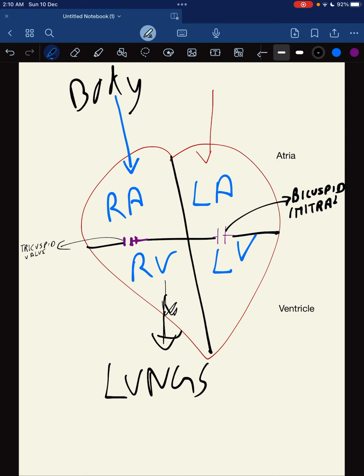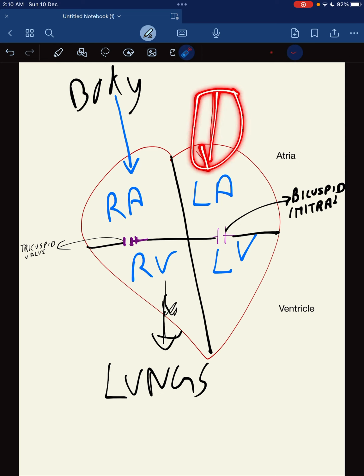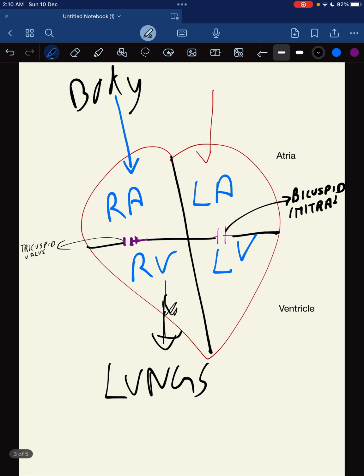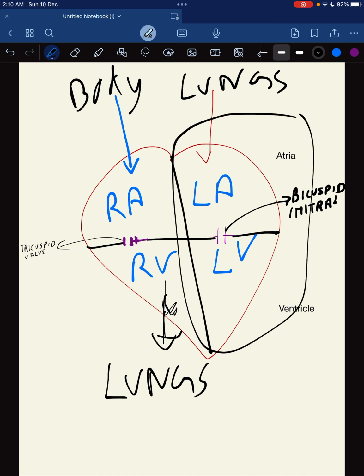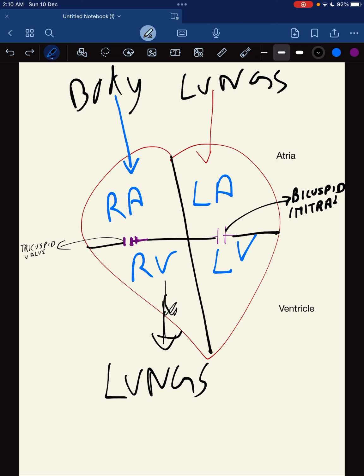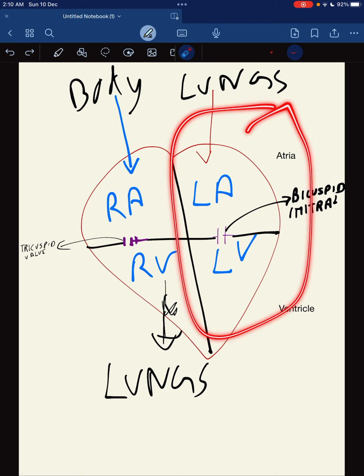Once the blood goes to the lungs, it picks up oxygen, and then it goes back to the heart. From the lungs it goes to the left atrium. So the left side deals with more oxygen.